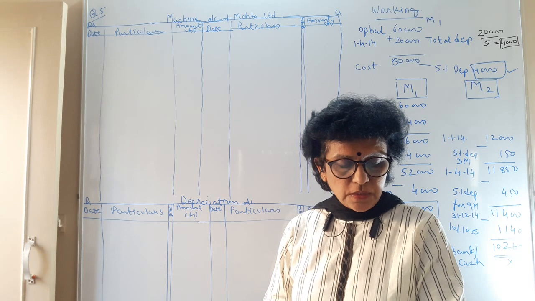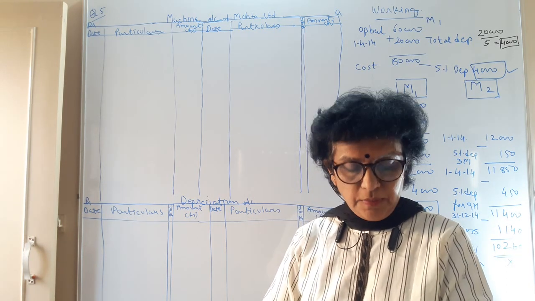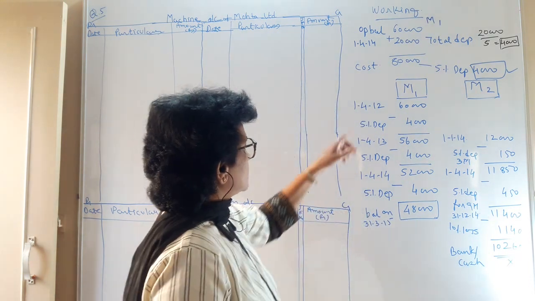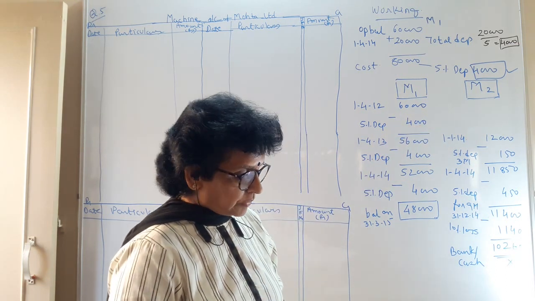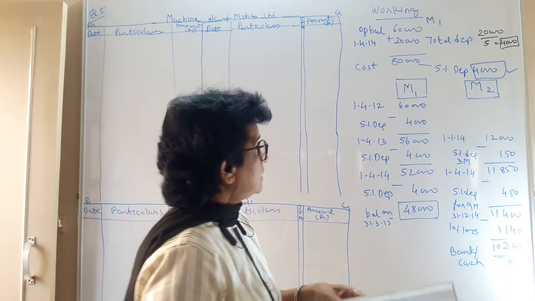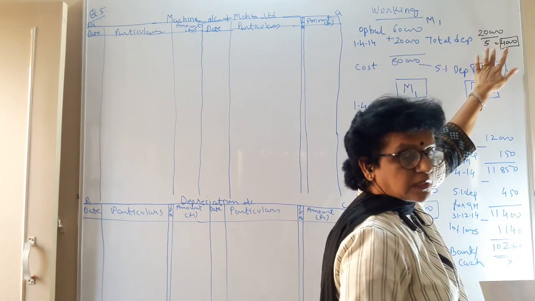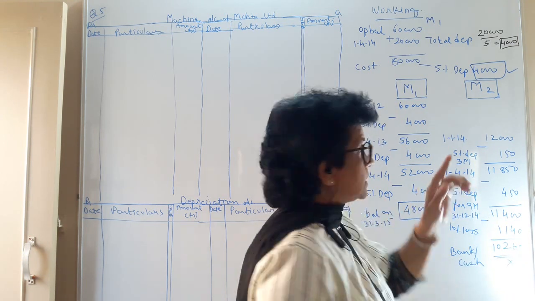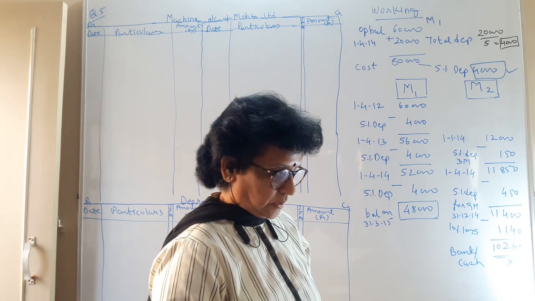Machine account shows a balance of 60,000 in the books of account of Mehta Limited on 1/4/12. Whatever the line is given, you are supposed to do the posting according to the line. This machine was purchased 5 years back. It means that for 5 years you have already given depreciation on that machine. After giving depreciation, today the book value of the machine is 60,000.